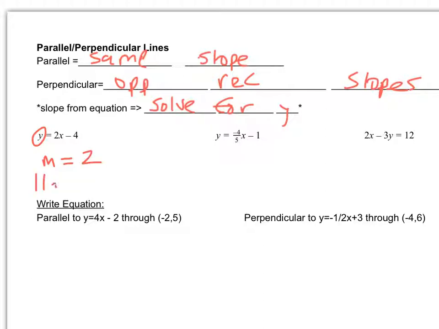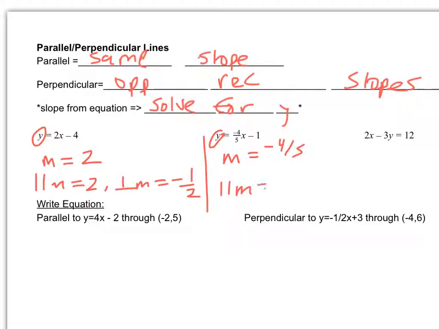That means my parallel slope would be 2, and my perpendicular slope would be negative 1 over 2. The next one, y is by itself, so I can identify my original slope as negative 4 over 5, which would mean my parallel slope is also negative 4 over 5, and my perpendicular slope would be positive 5 over 4.